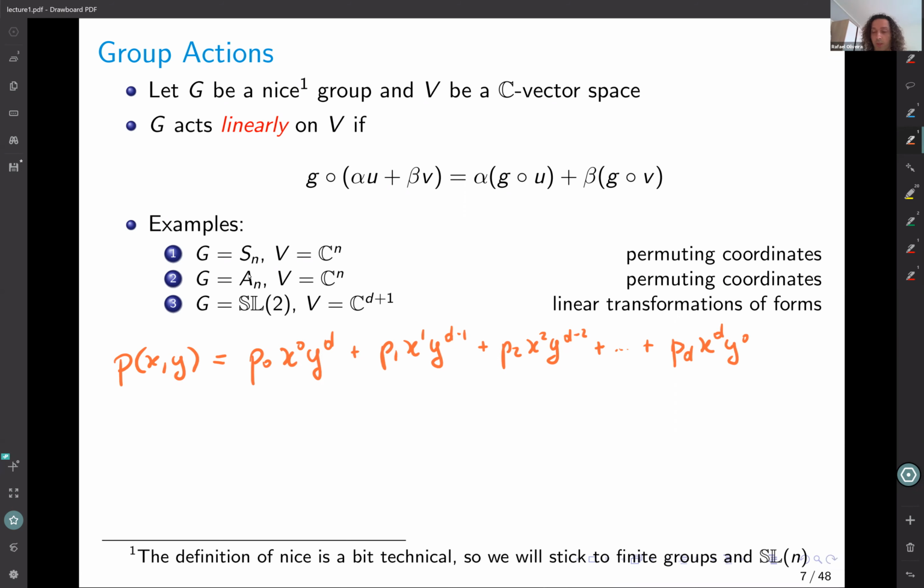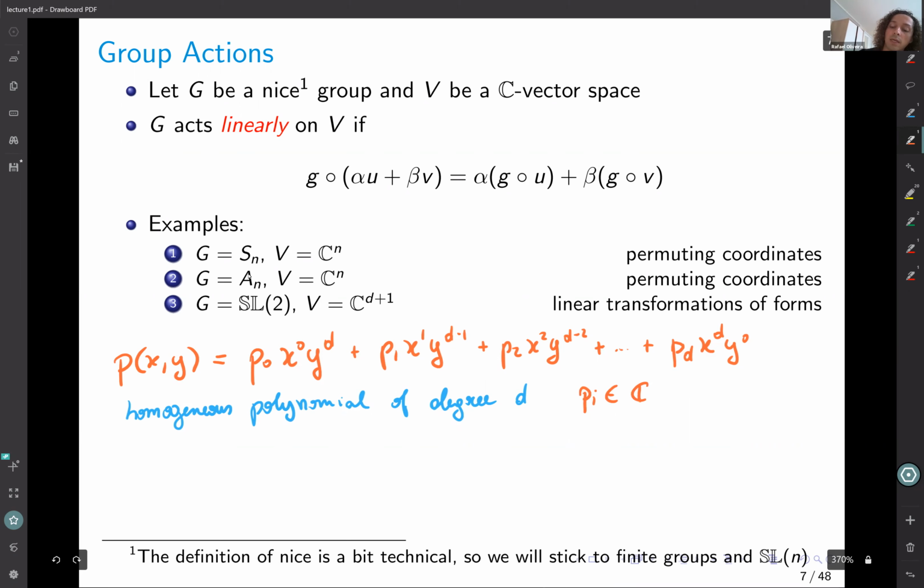So this is a homogeneous polynomial of degree d, and the p_i are each complex numbers. A homogeneous polynomial we usually call a form.